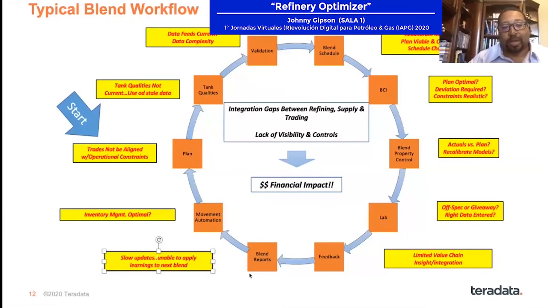So all the yellow boxes that you see here with the red, if you cannot answer these questions, you are leaving money on the ground. That is real dollars that you cannot get back. And so this is volume that's being wasted. Being able to answer these questions very quickly and more robustly will stop your gross margin erosion in your blending.